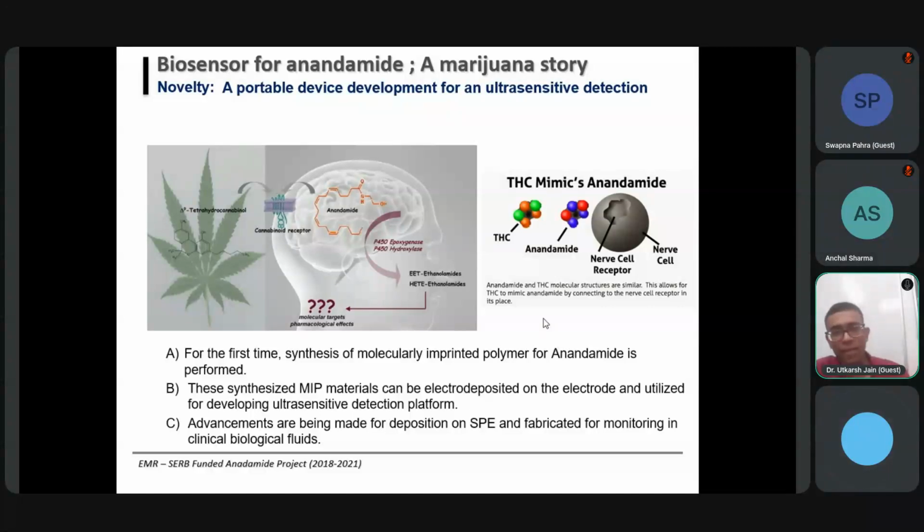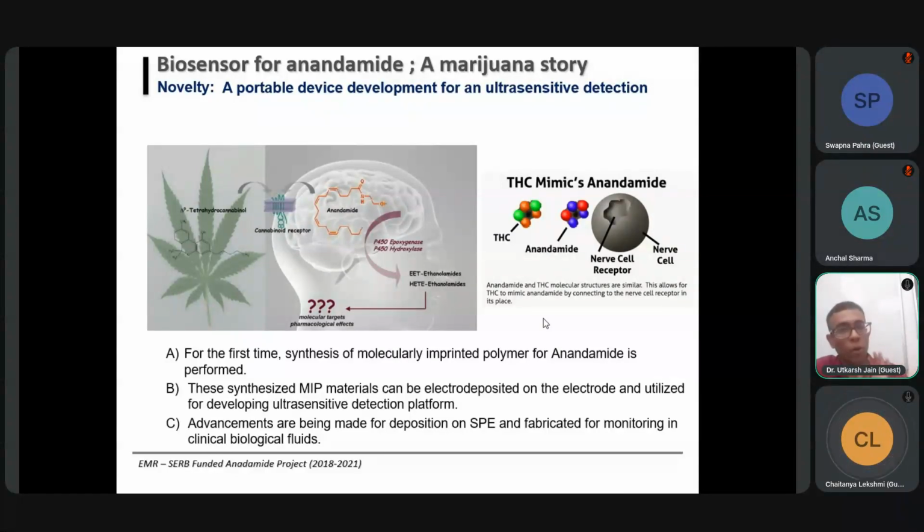It was actually funny that when a person who has taken marijuana laughs one time, then after certain minutes, he continuously laughs on certain aspects. This is because of the structural similarity THC or marijuana has with anandamide. And this is an intrinsic neurotransmitter which is responsible for our happiness.